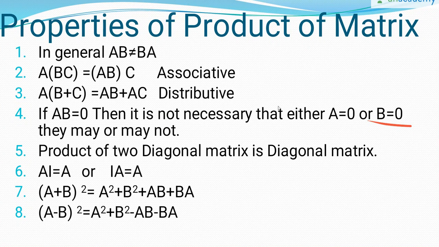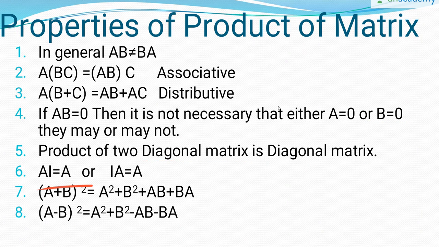That is, both A and B matrices may be not equal to 0, but still the product can be equal to 0. Now, the product of two diagonal matrices is a diagonal matrix.